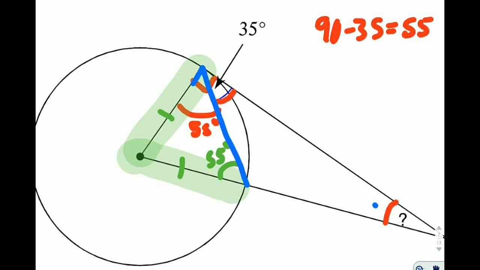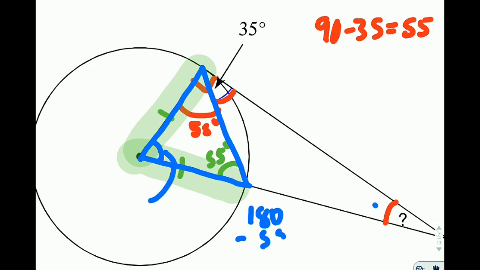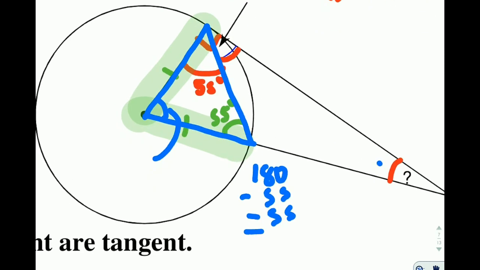But let's trace out this little one here. If I have a 55-degree angle and a 55-degree angle, I can figure out what this one must be. I can say 180 minus 55 minus another 55, and that's going to give me 70 degrees. So I know then that this angle up here is 70 degrees.